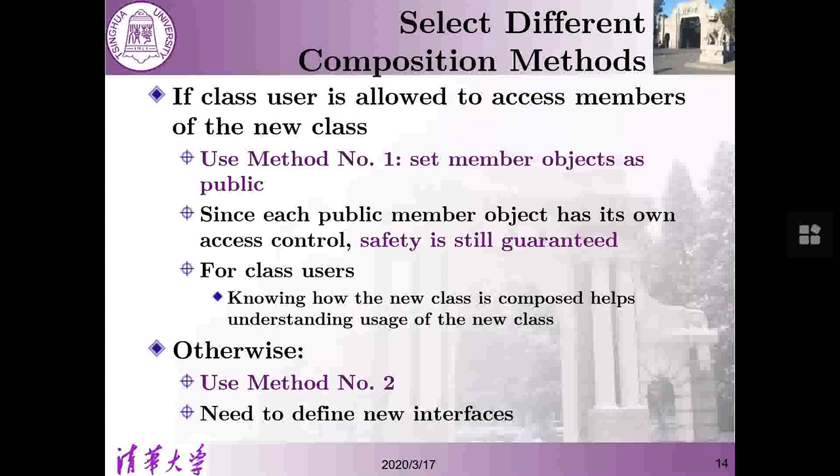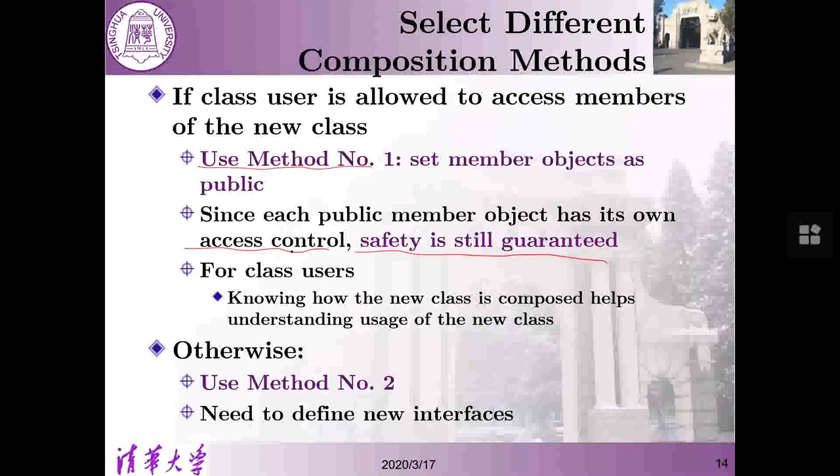To select between different composition methods, there are some rules. For example, if the class user is allowed to access the members of the new class, then we should use public composition, because in this way we can directly access the members, right? Since the public member objects have their own access control, safety is still guaranteed to some extent.